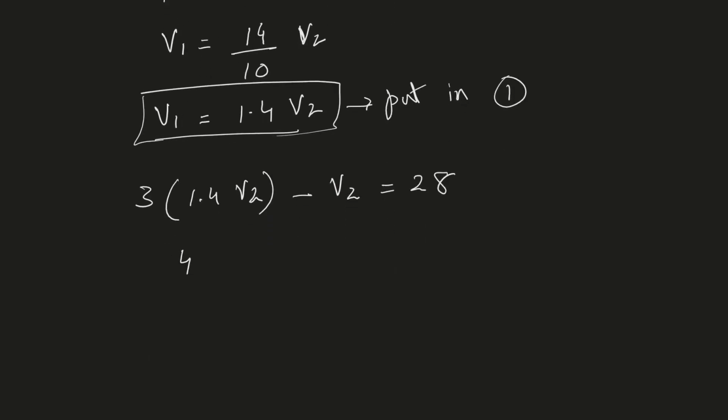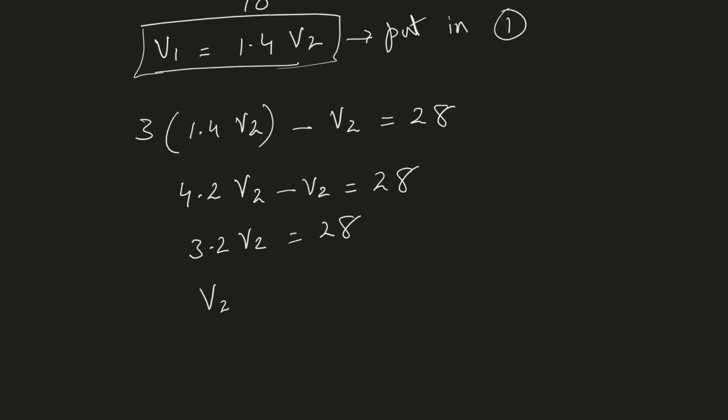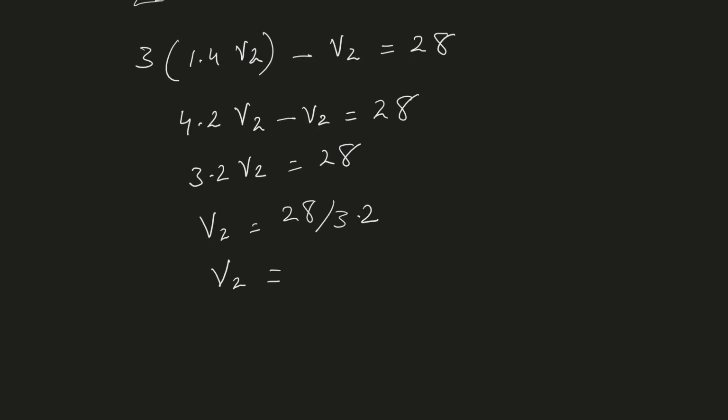That will give me 4.2V2 minus V2 equals 28, or we have 3.2V2 equals 28, which means V2 is 28 divided by 3.2, or V2 is equal to 8.75. So this is the voltage at node 2.